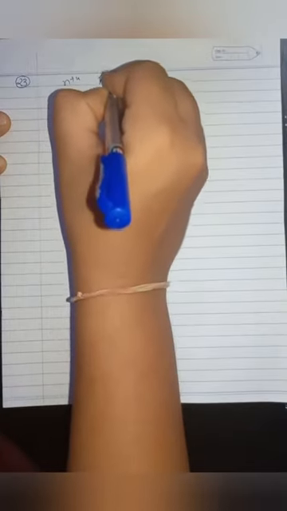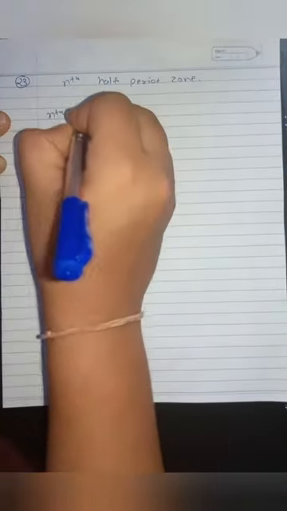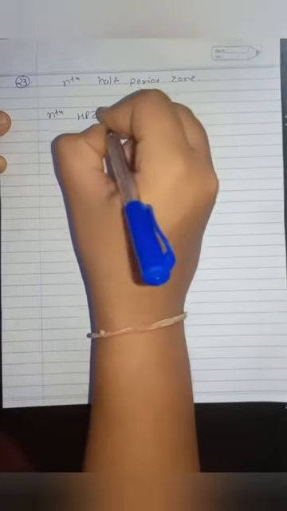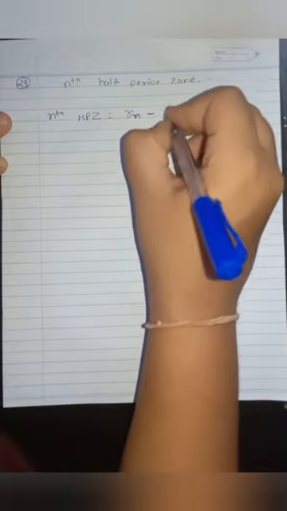In question number 23, we want to find the width of the nth half period zone. The width of the nth half period zone is given by Rn minus R of n minus 1.